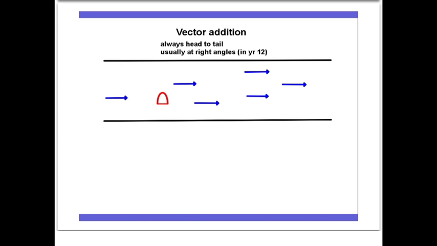Okay, adding vectors together. Vectors in one dimension are straightforward, positives and negatives. We assign one direction as positive and the other direction as negative. But when we have two dimensions, it gets a little trickier. So here's a classic question where we have a boat traveling across the river.